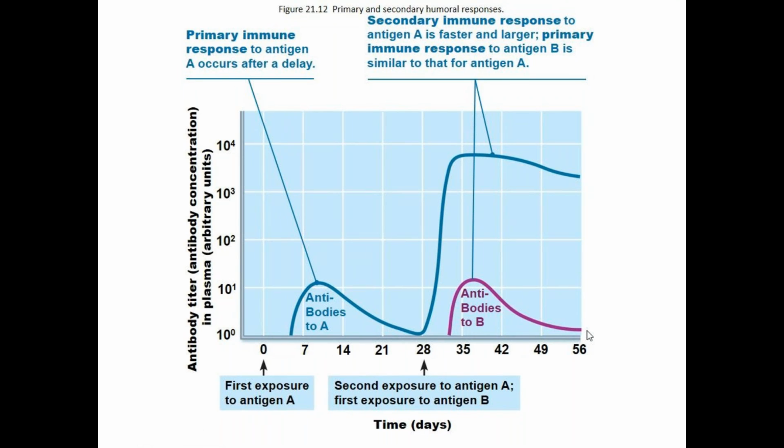But the second time we'd be exposed to B, we'd have this powerful sort of secondary response. So again, the idea here, the first time's not very impressive, but the second, third, fourth times really does something for us.